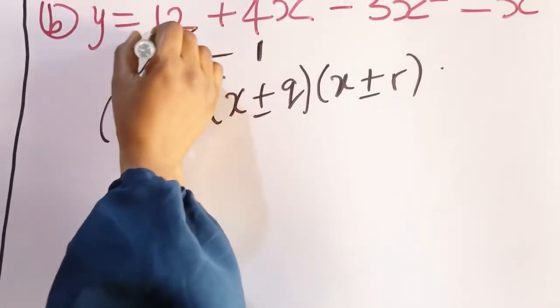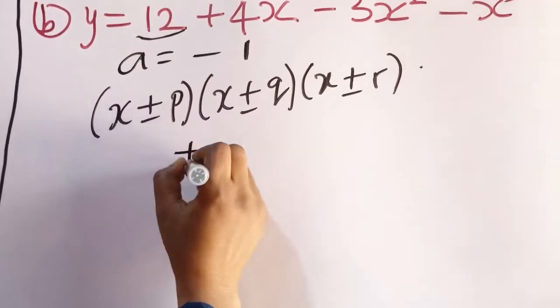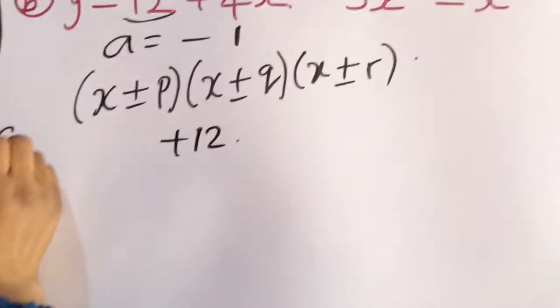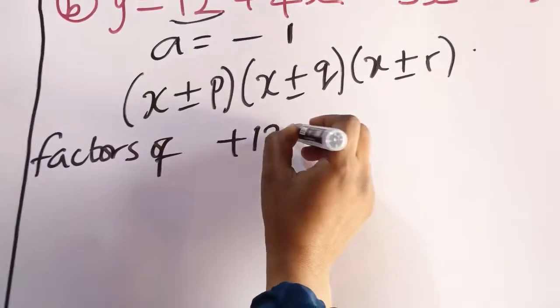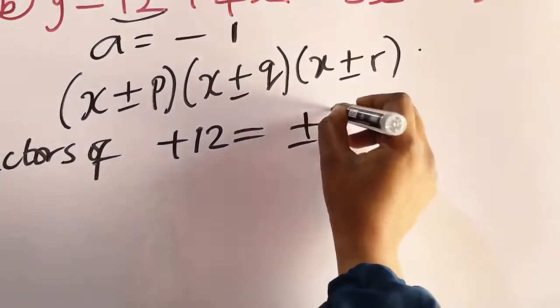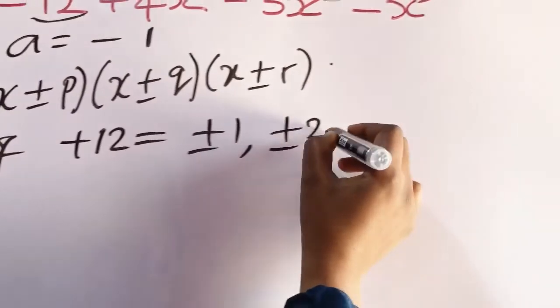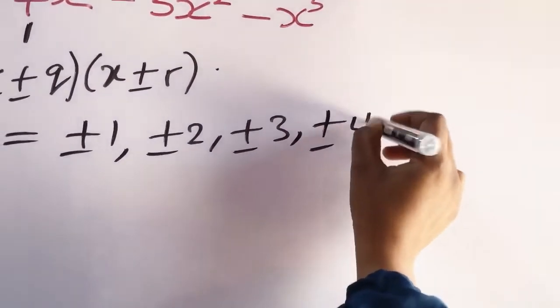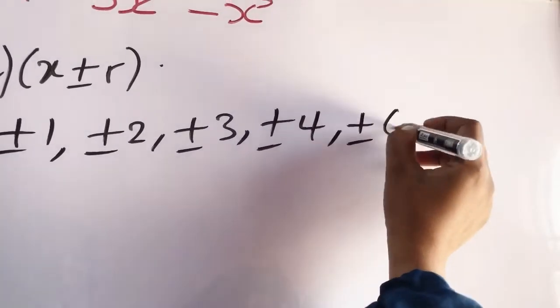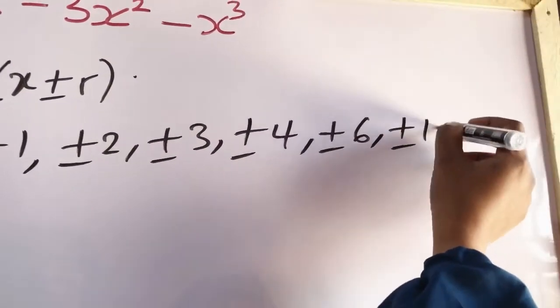So the constant term here is plus 12, and the factors of plus 12 are plus or minus 1, plus or minus 2, plus or minus 3, plus or minus 4, plus or minus 6, and plus or minus 12.